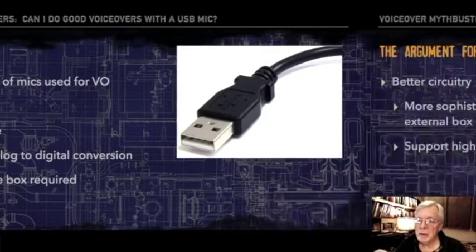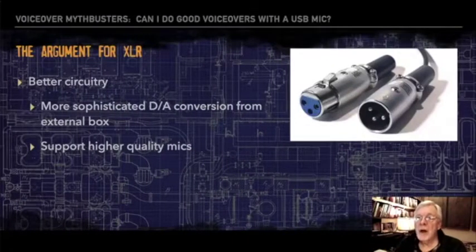Now, the arguments for an XLR mic are better circuitry, for one thing. Not because the mic has better circuitry, but because it doesn't have any circuitry to speak of. Instead, that job is handled by a box that specializes in that, sometimes a fairly expensive box. It just depends on what you get.